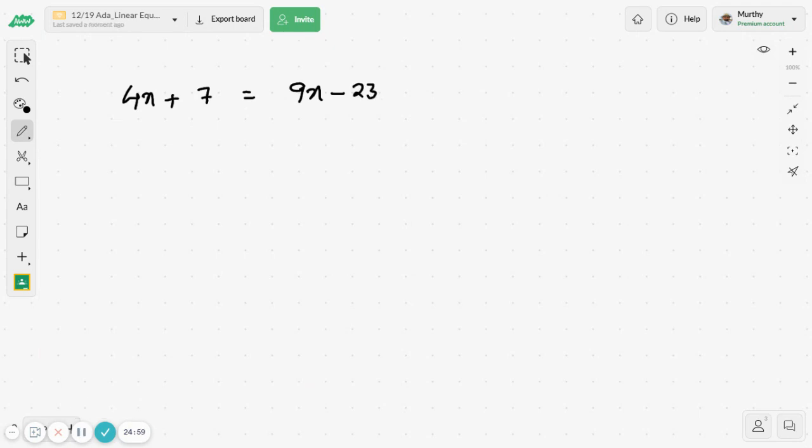If you are asked to solve this one, I see that there aren't two different variables. I see the same letter, so same variable, right? So how to solve this? Step one, we have to see what is the variable on both sides. Here 4x and 9x, right?